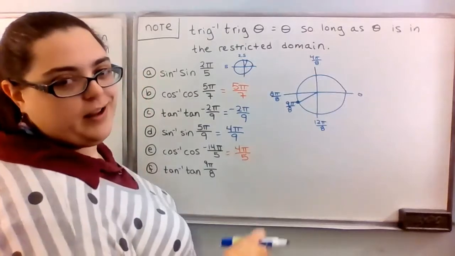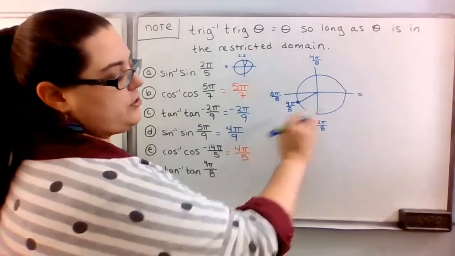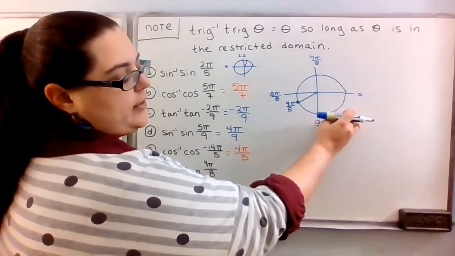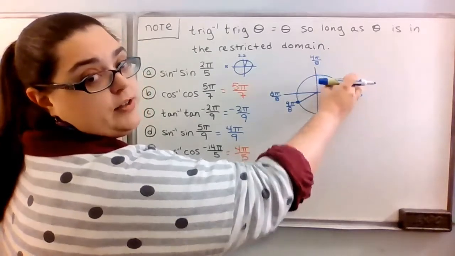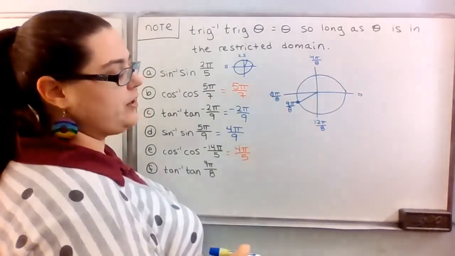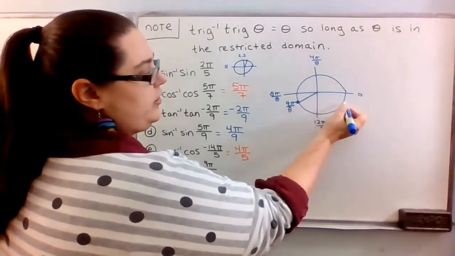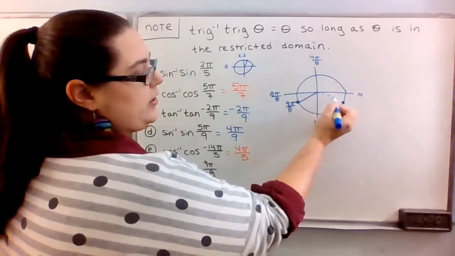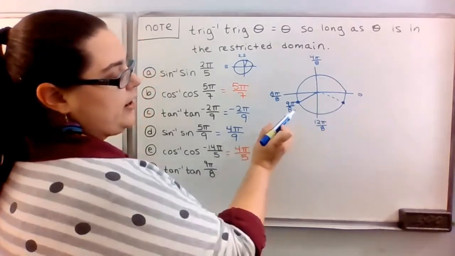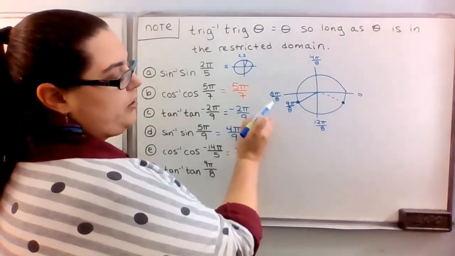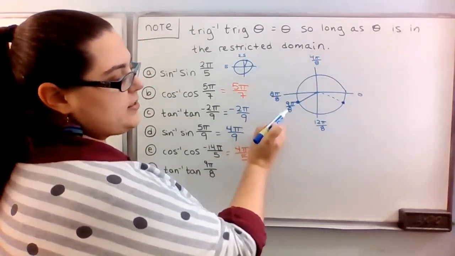So let's take a moment and work through reflecting first over into quadrant 2. And then we'll reflect it up into quadrant 1 so we have the right proportions and everything. So first I'm going to reflect it over here. Do a little dotted line here. Now 9 pi over 8 is 1 pi over 8 away from the axis.